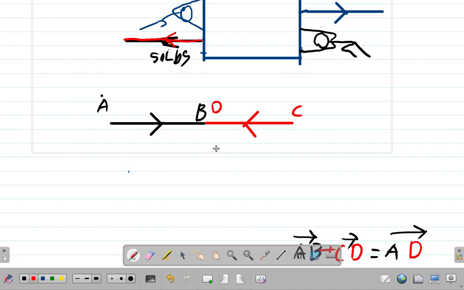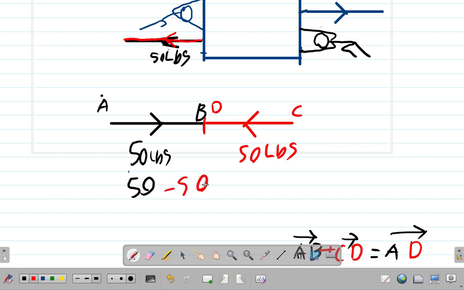Now here, you're subtracting. And at this point, these vectors meet. You can see that the 50 pounds acting to the right added to the 50 pounds acting to the left is like saying 50 minus 50. And what do you get for that?